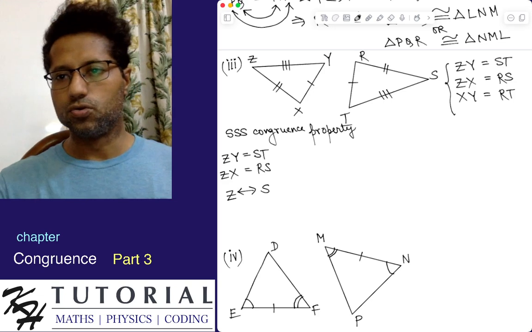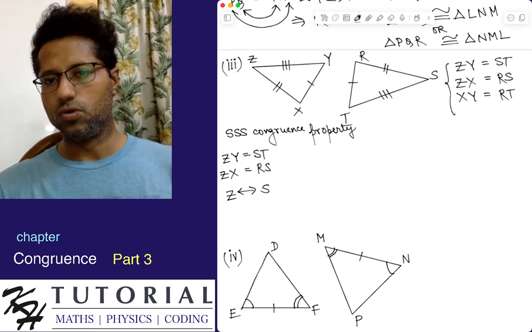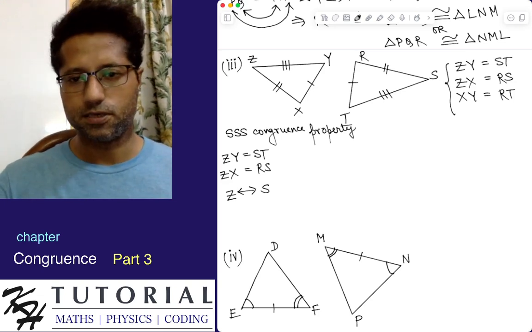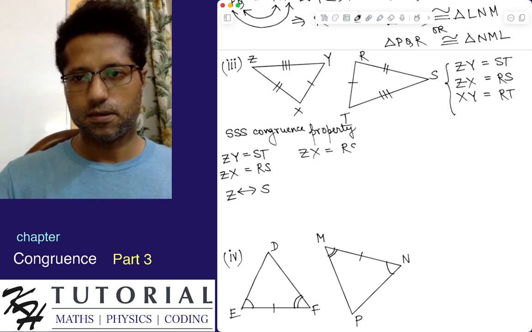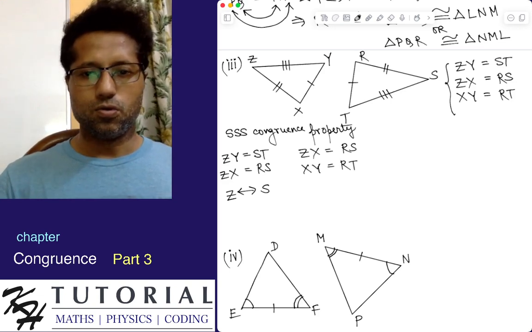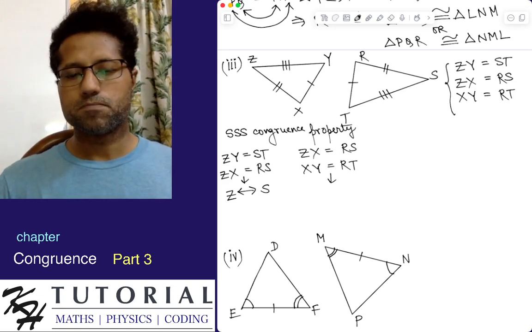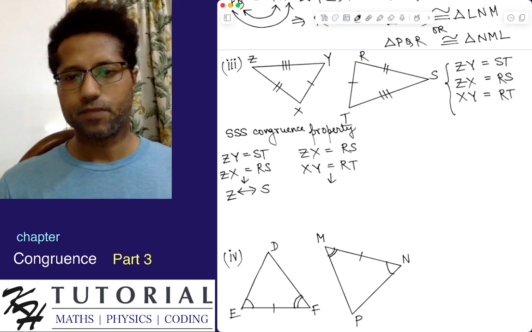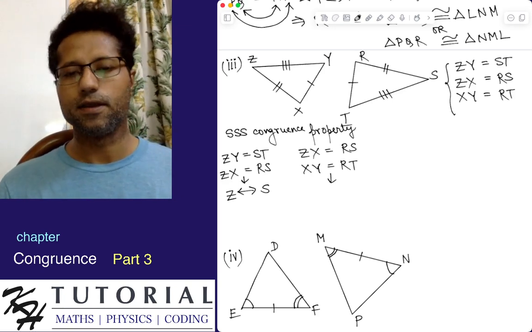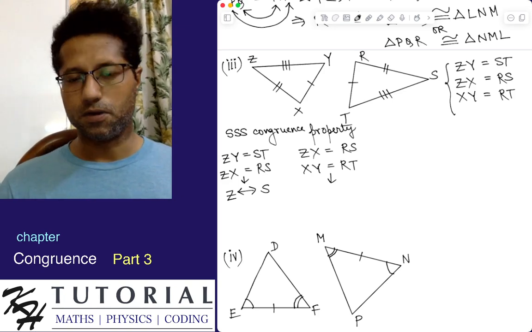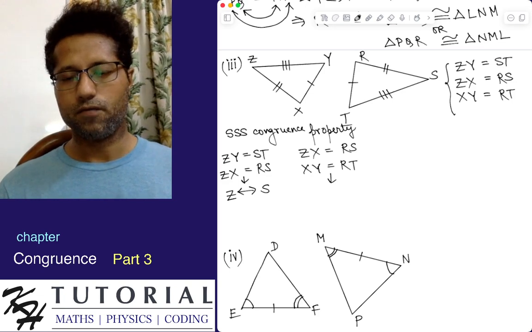Now you take another two matching pairs. Let's say ZX equals RS and XY equals RT. We are using a technique to find a correspondence between two vertices.